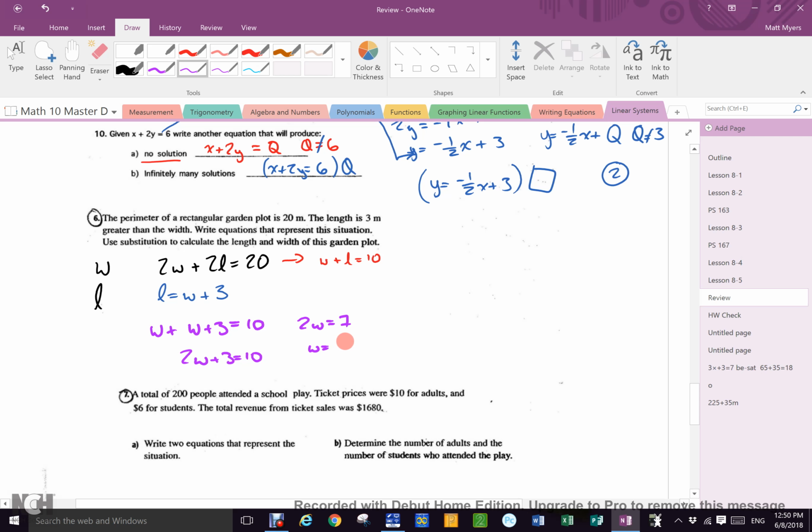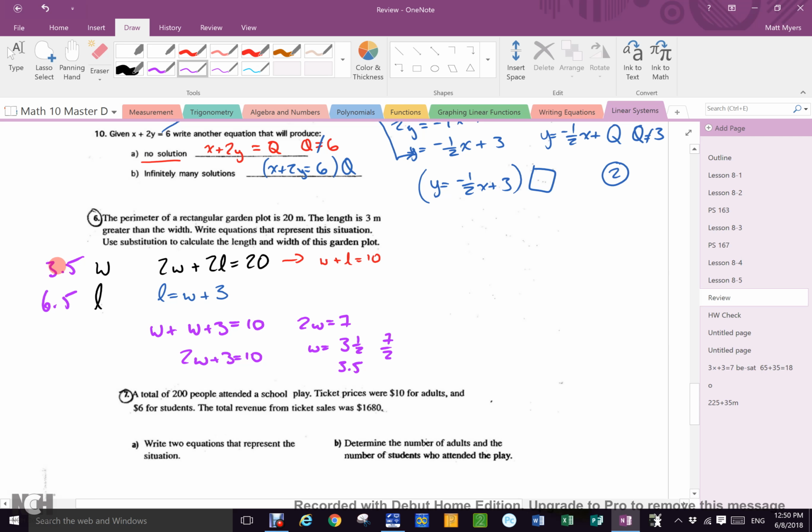I don't care. 3.5, 7 over 2, it doesn't matter. But once you know W, you know they got to make 10. So if W is 3.5, what's L? 6.5. W is 3.5, L is 6.5. Is L 3 meters greater than W?